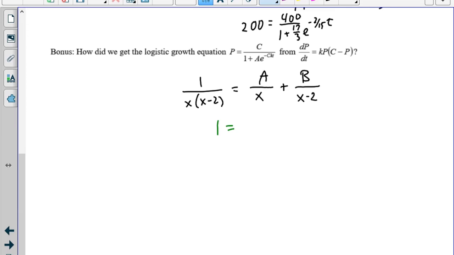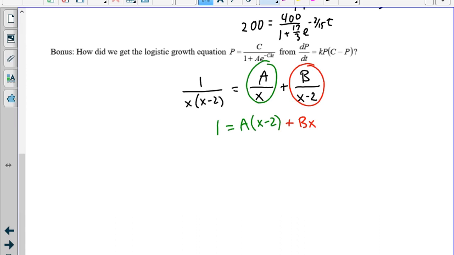When I multiply through by x times (x minus 2) in the whole problem, that's going to go away. This term becomes a times (x minus 2), and this term becomes b times x.